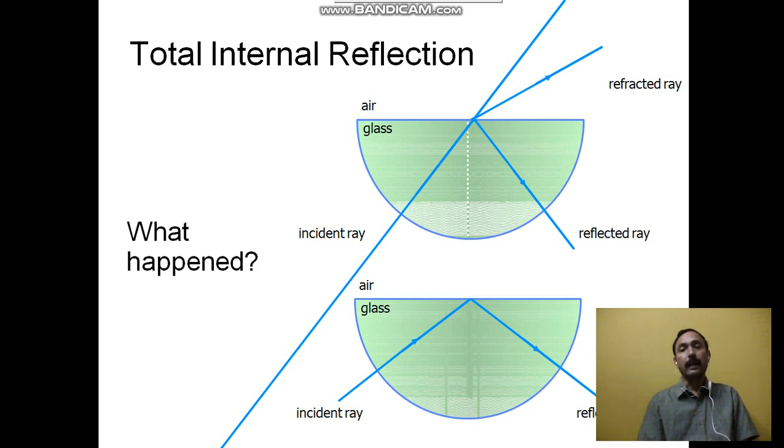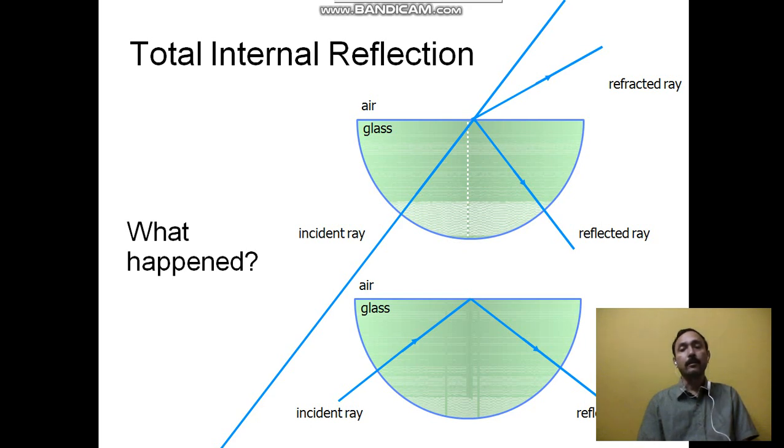When light falls on the denser medium at more than the critical angle, instead of refraction, there will be only reflection from the surface between the rarer and denser medium.